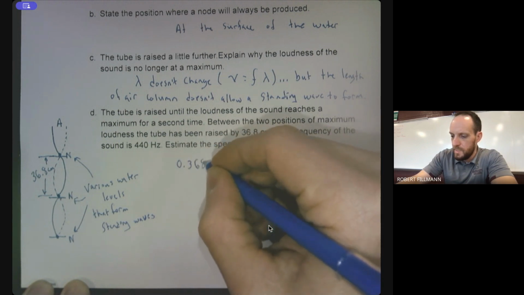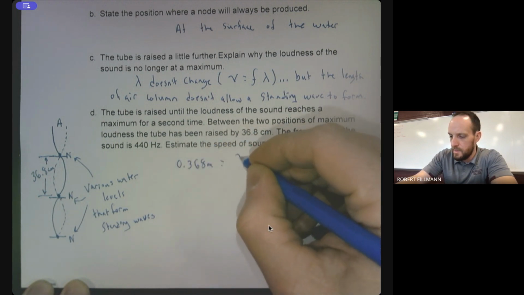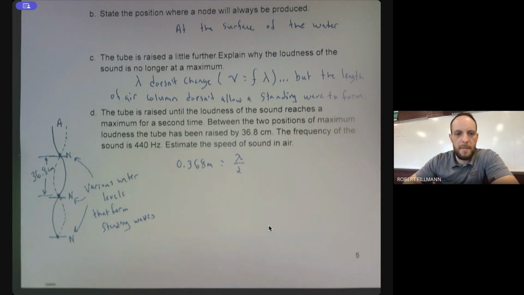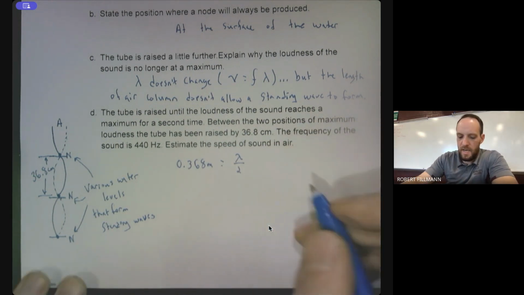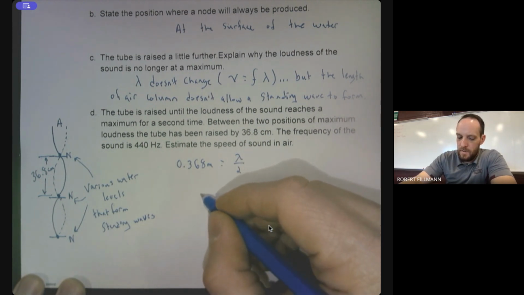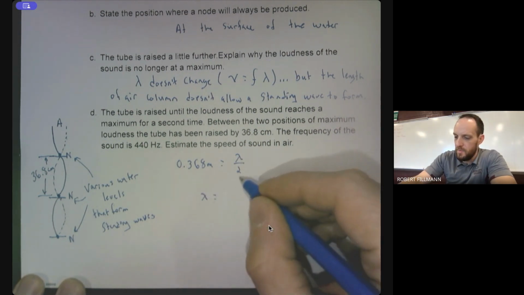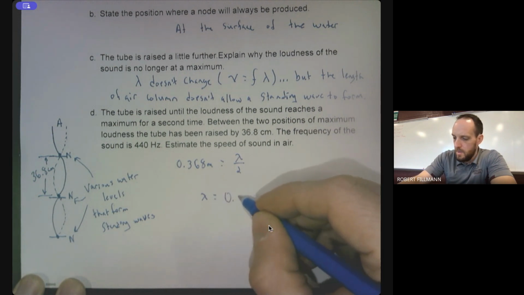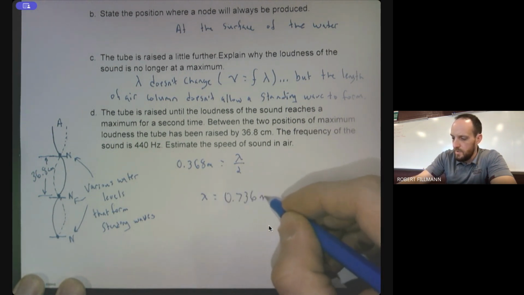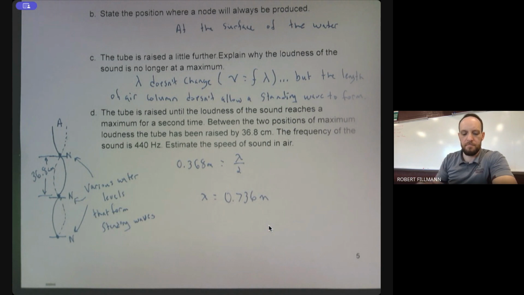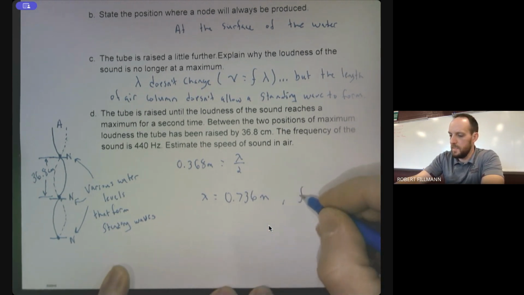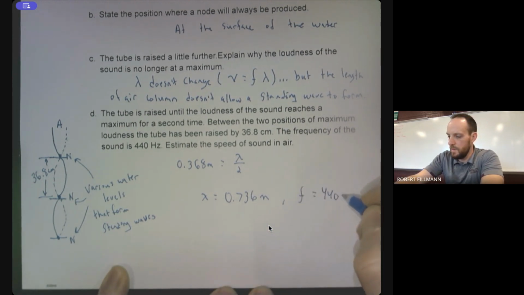So knowing that, let's be careful with our units. We could say 0.368 meters corresponds to half of a wavelength. And then we're going to use this to figure out the speed of sound in air. And so therefore, if I multiply by 2, the wavelength of this sound is 0.736 meters. And we know that the frequency that produced the sound is 440 hertz.